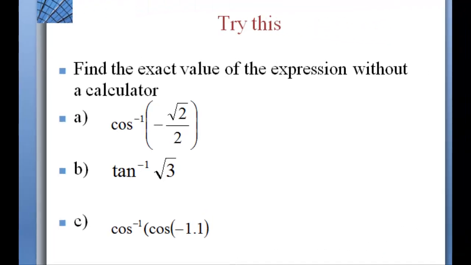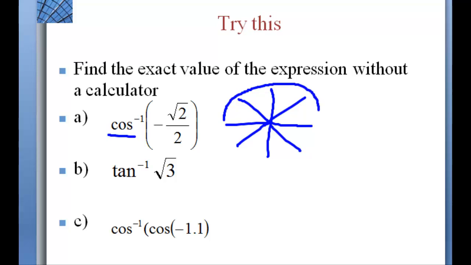Where is the inverse of the cosine of negative root 2 over 2? Negative root 2 over 2 is at the 45-degree angles. For the arc cosine, we have the top half of the circle.